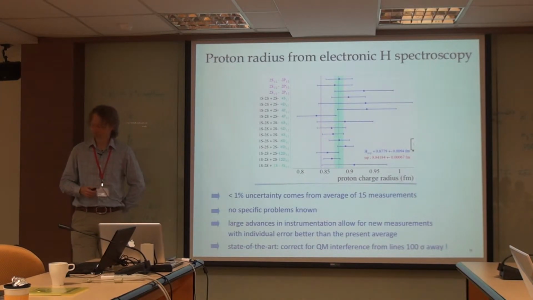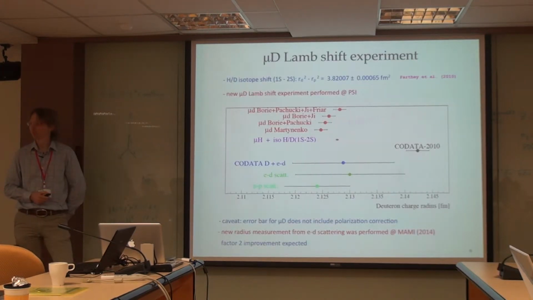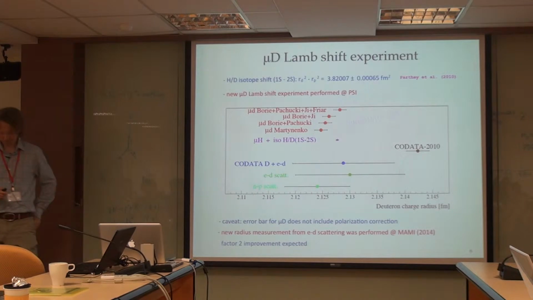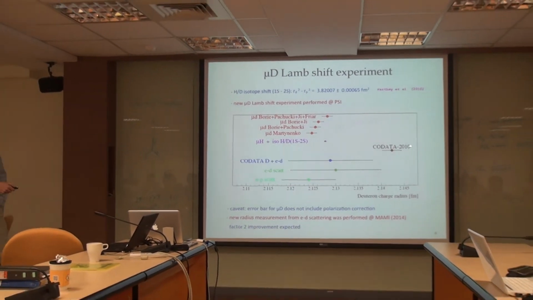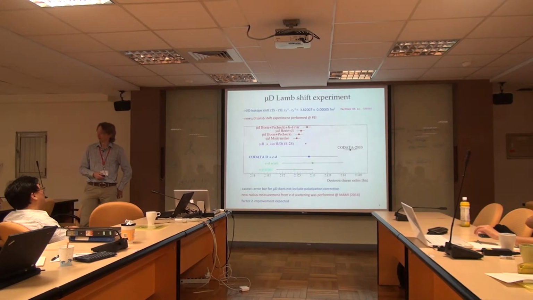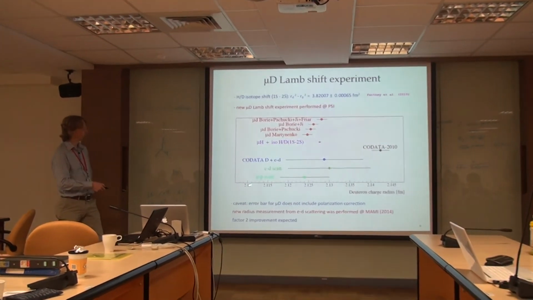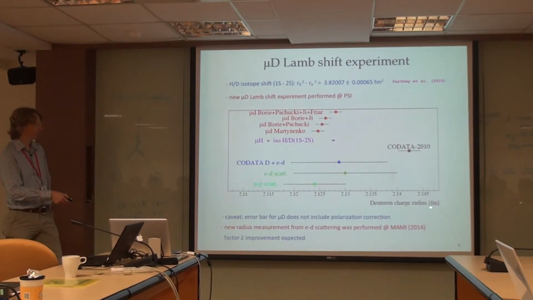So go back to the case with neutron. It's the discrepancy between the CODATA and the muonic hydrogen. Isn't the difference due to the proton charge radius? Yes. So what is shown here is the deuteron charge radius.